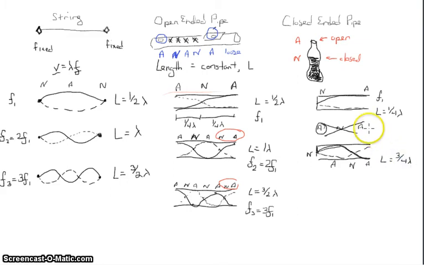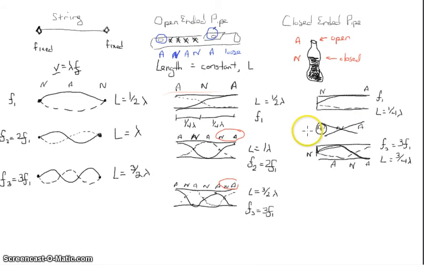Now it turns out that technically when you have an antinode, node, antinode pattern, that doesn't exist here; this would be half a wave and this would be what's considered the second harmonic. But for a closed-ended pipe, it's going to be odd harmonics only. It will skip the second harmonic and it will just have odd harmonics. So this would be the third harmonic.